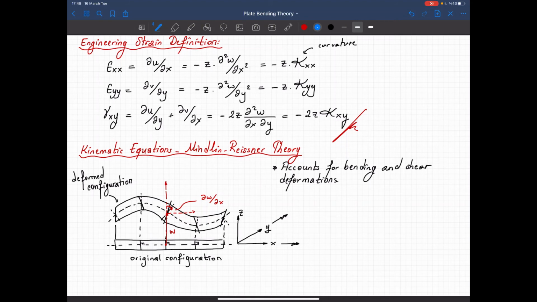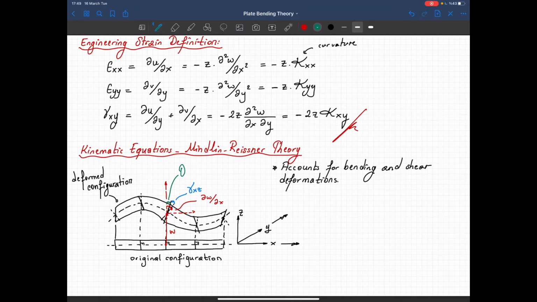But we have some deviation from 90 degrees. That's that deviation. This is our shear strain, gamma xz, and then the rotation will be this one.